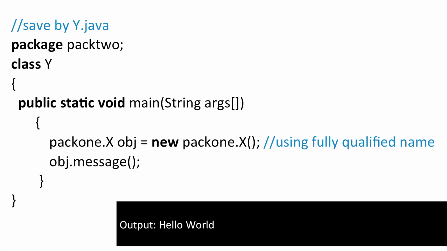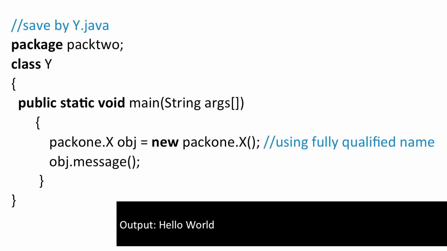This obj has the fully qualified type pack1.X, which is the type X of package 1. It can also be read as an object of class X of package 1, so we are using the nomenclature in the reverse order. For example, pack1.X obj is understood as object obj of class X of package pack1. So pack1.X obj = new pack1.X, using the fully qualified name.